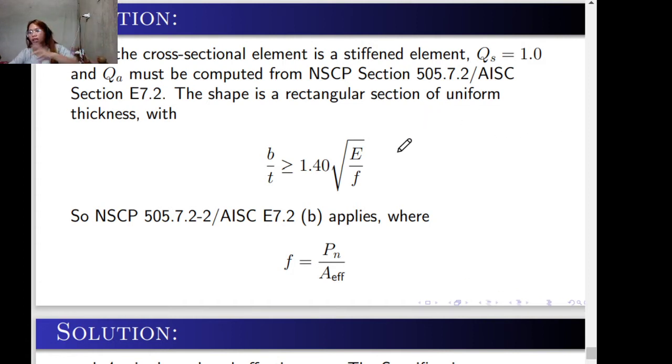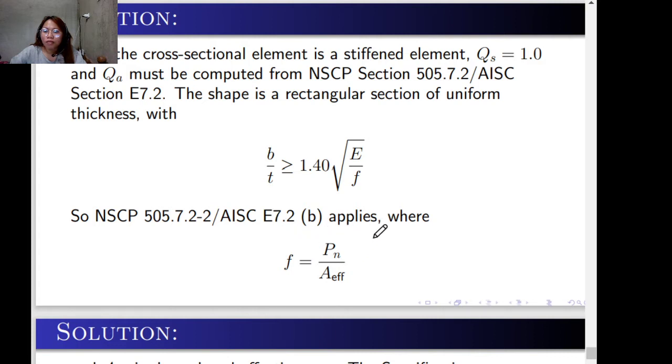But here it is beyond, no? B over T is greater than the non-compact limit of 1.40 square root of E over F, the limiting value based on the table.